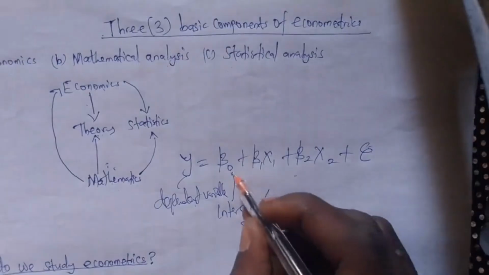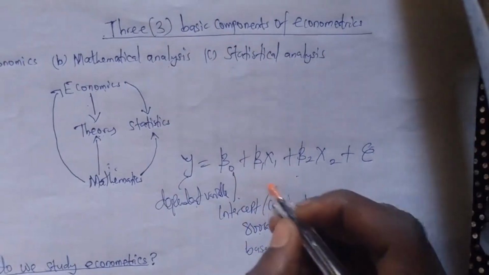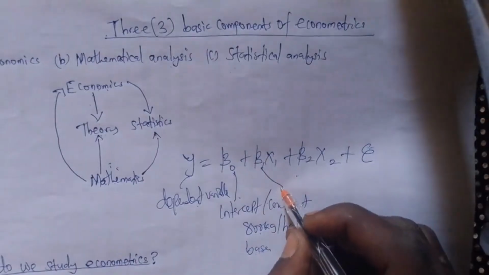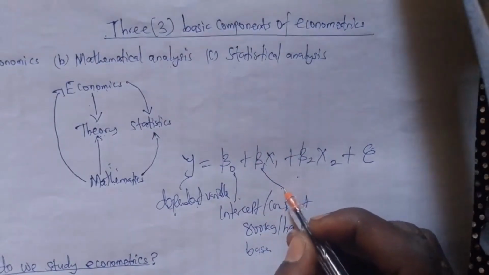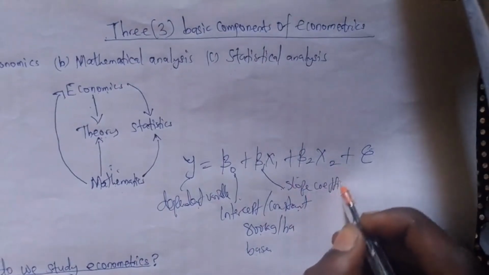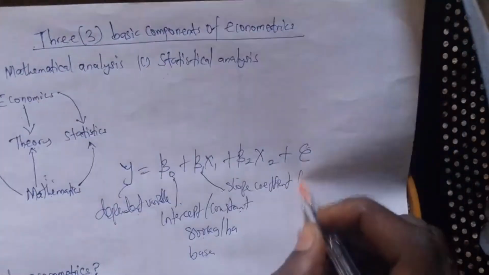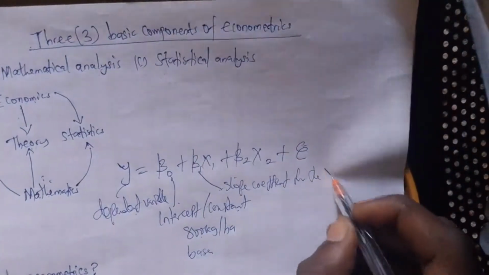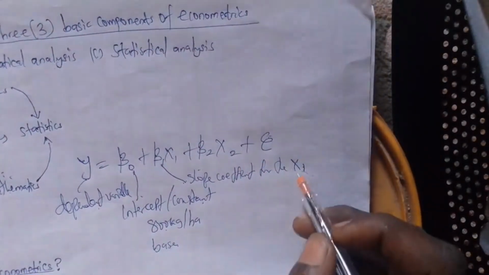Now, after β₀, in this equation we have β₁. This β₁ is the slope coefficient for the first variable x1, right? And in this case, the variable x1 stands for fertilizer.